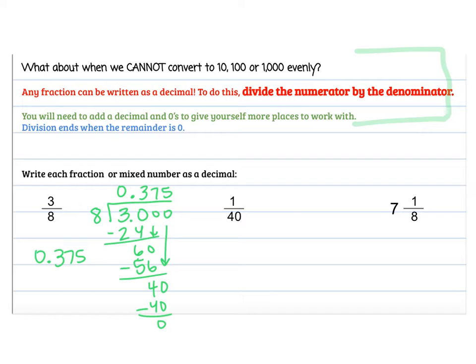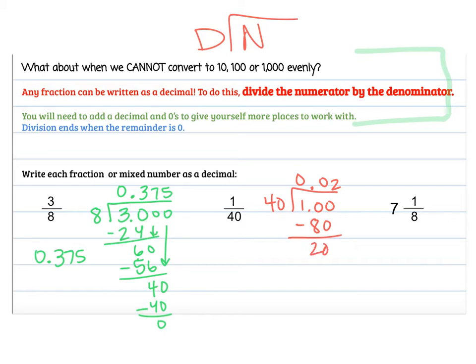Try these ones on your own if you're feeling comfortable. 1/40th. Numerator goes on the inside, denominator on the outside. Okay, numerator, denominator. Add a decimal and a 0. Carry my decimal straight up above. 40 can't go into 10, so I add a 0. 40 goes into 100 2 times, which would be 80. 100 minus 80 is 20.